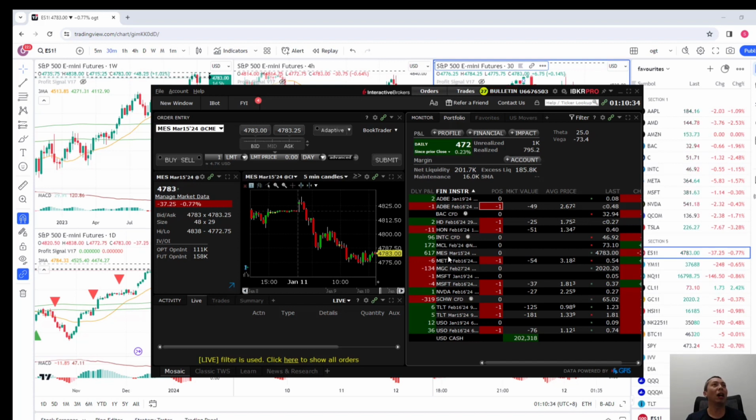Overall my day trades, all the bigger numbers, are making a profit today. Even though the market is going down, I think it's still a good result, because a lot of people will day trade the market up and not do well. So I would say this is a pretty okay or even good result for me.